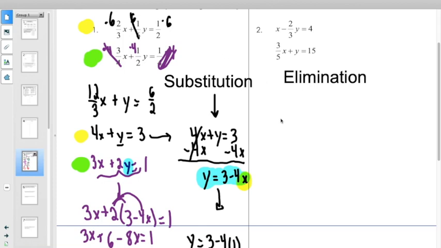So, we're going to have 4x plus y equals 3, and 3x plus 2y equals 1. Now remember this. With elimination, it needs to be in this form, and I want to have it so I have the same value but with a negative, right?